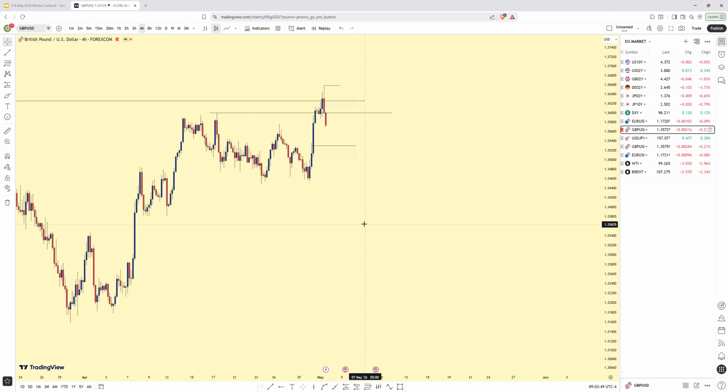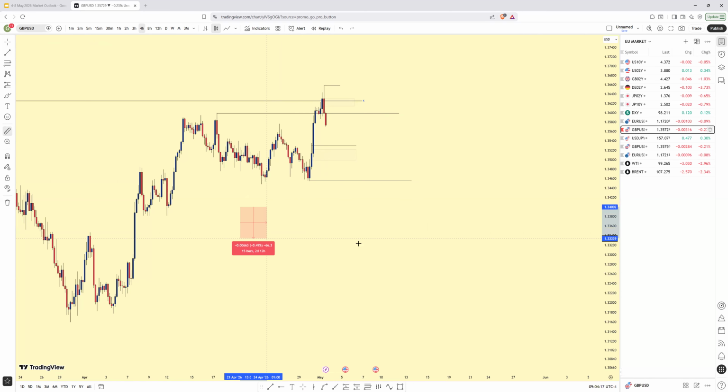All right. So structurally, this market is meant to sell, and if that happens, then we'll likely have a sell all the way down. We're expecting this is the major resistance zone.